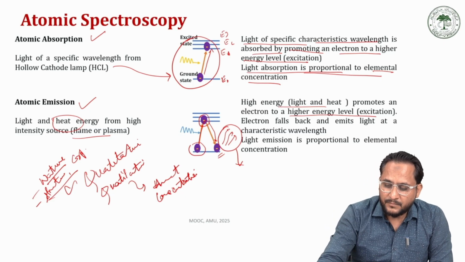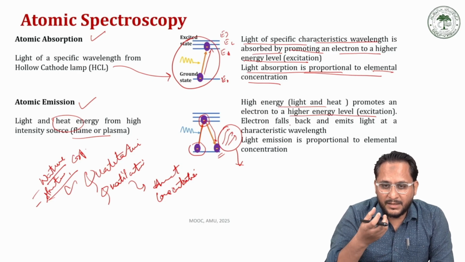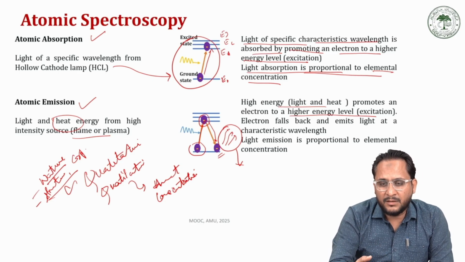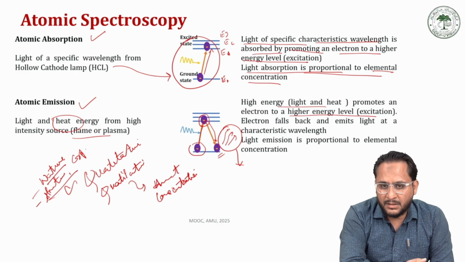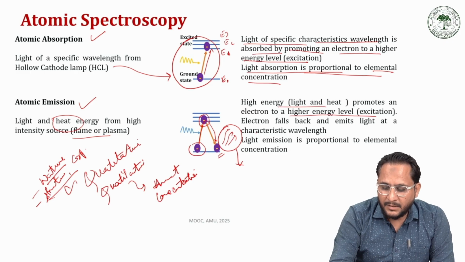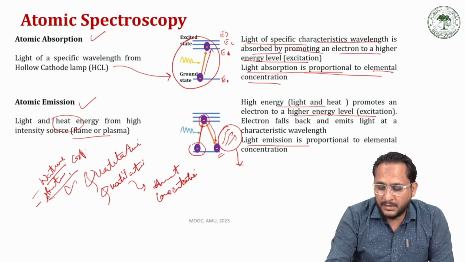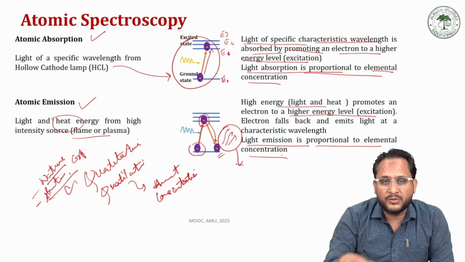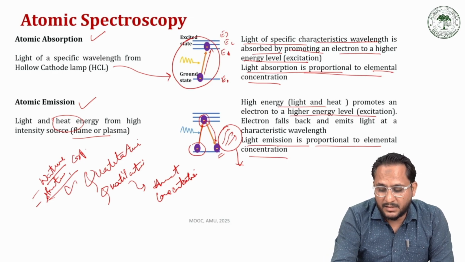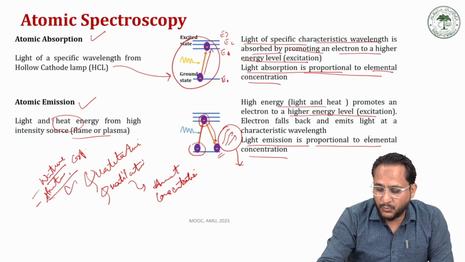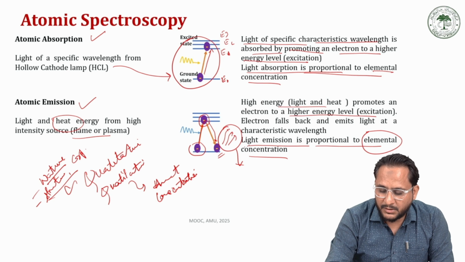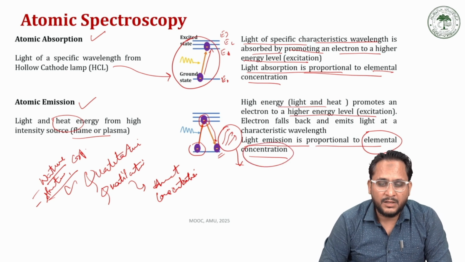So here the excitation depends upon the energy that we are giving from an external source, and the intensity of the emitted light is proportional to the elemental concentration of the sample.